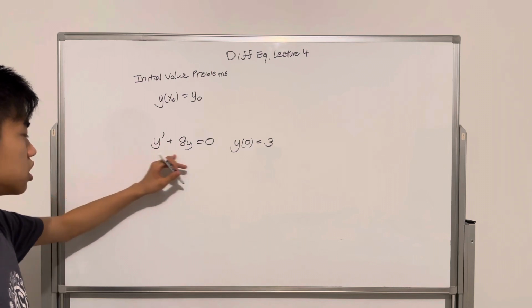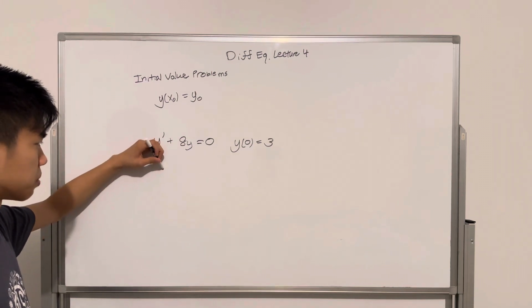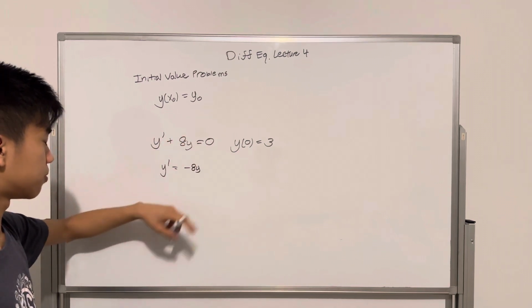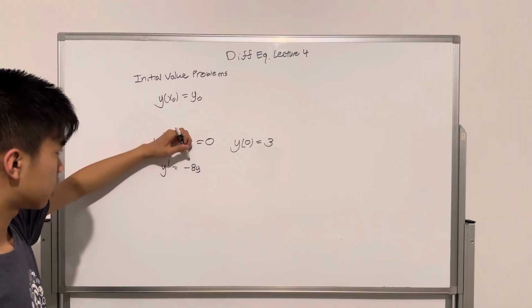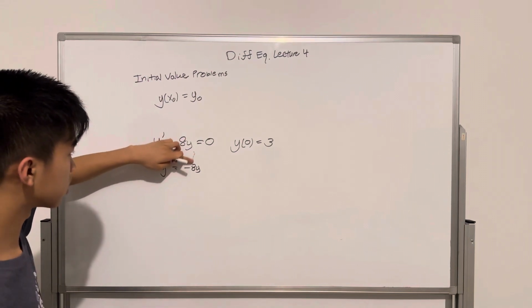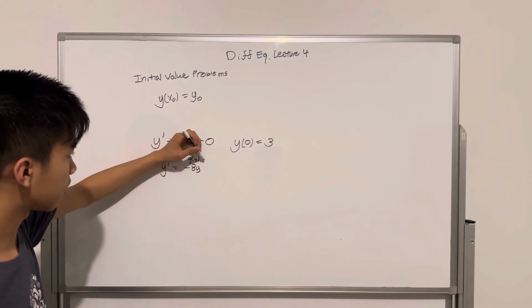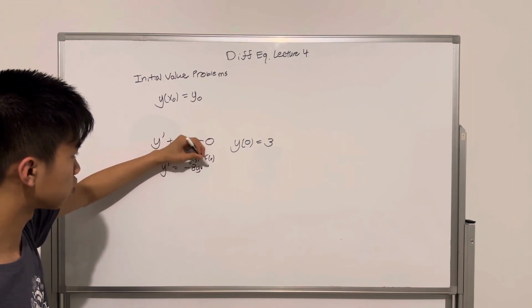We could use separation of variables by saying that y prime is equal to negative 8y. So now we have two functions. We have g of y, which is our negative 8y, and we have our f of x, which is just 1.